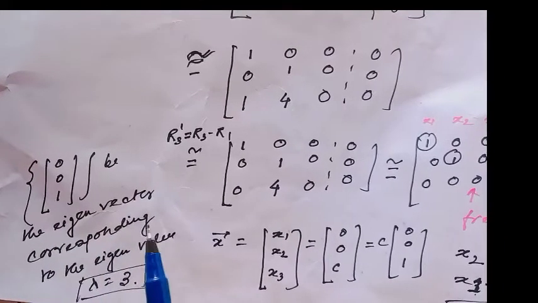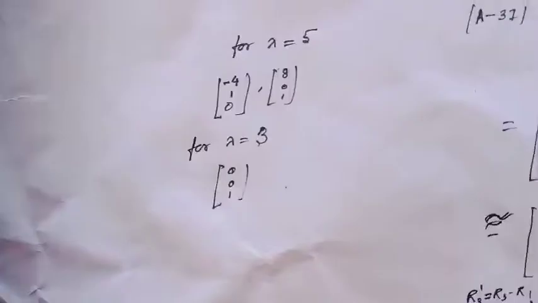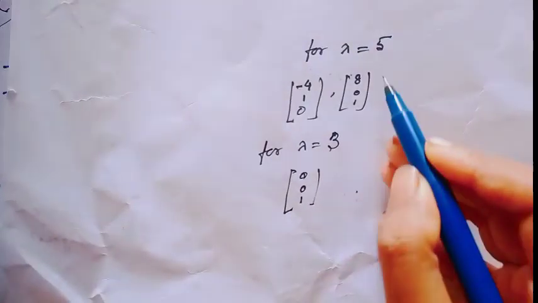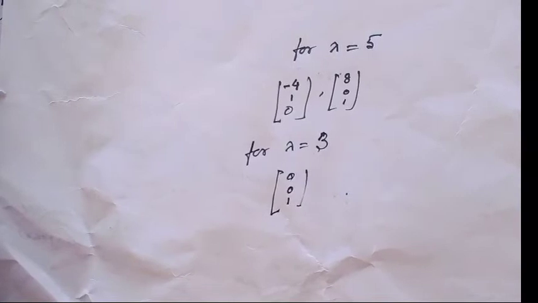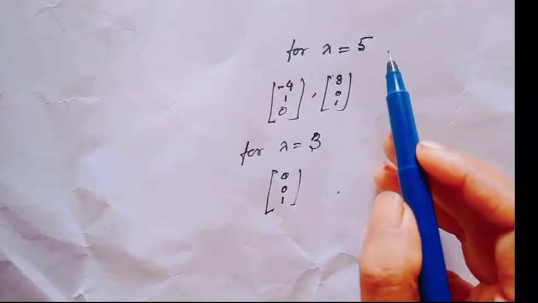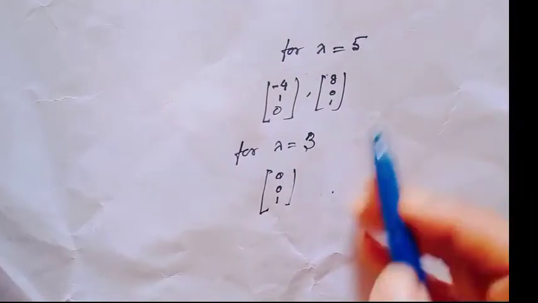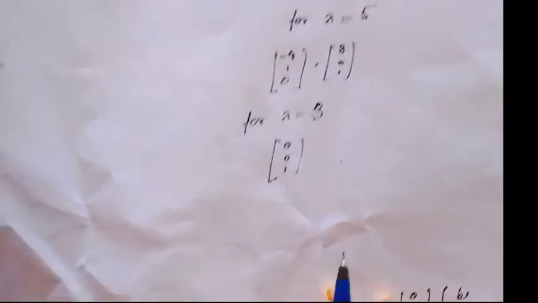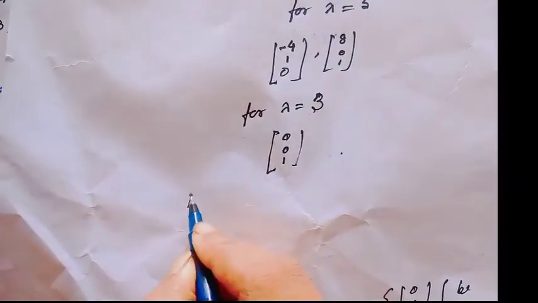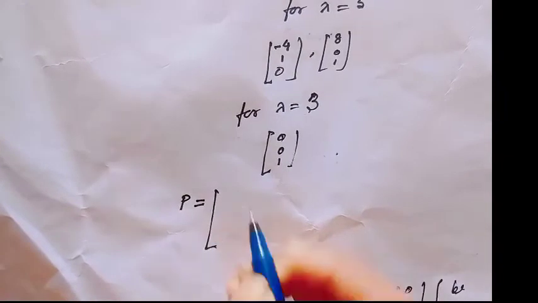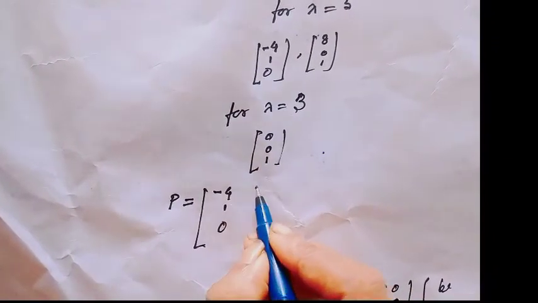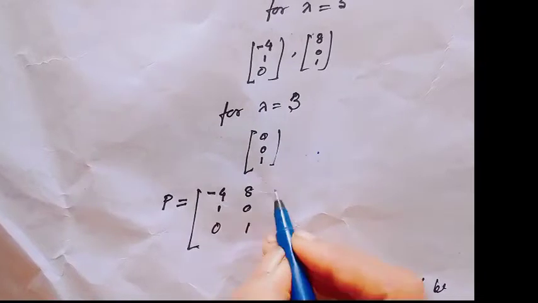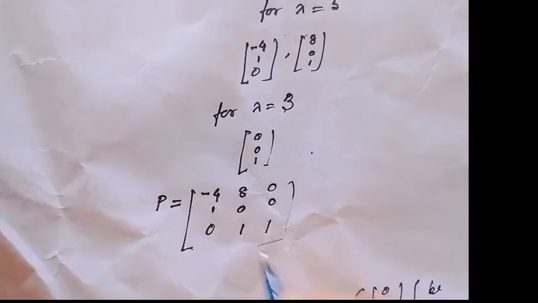This is the eigenvector. I have got these three linearly independent eigenvectors for lambda equal to 5 and lambda equal to minus 3. Therefore, the matrix P would be minus 4 1 0, 8 0 1 and 0 0 1.